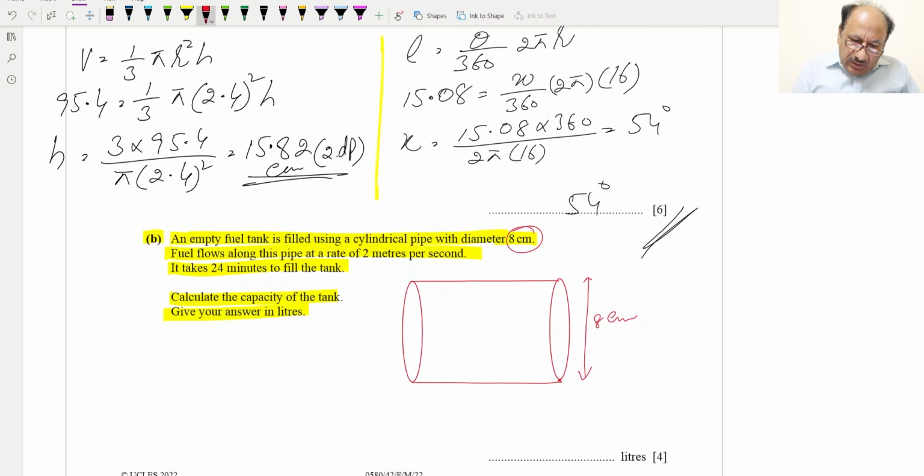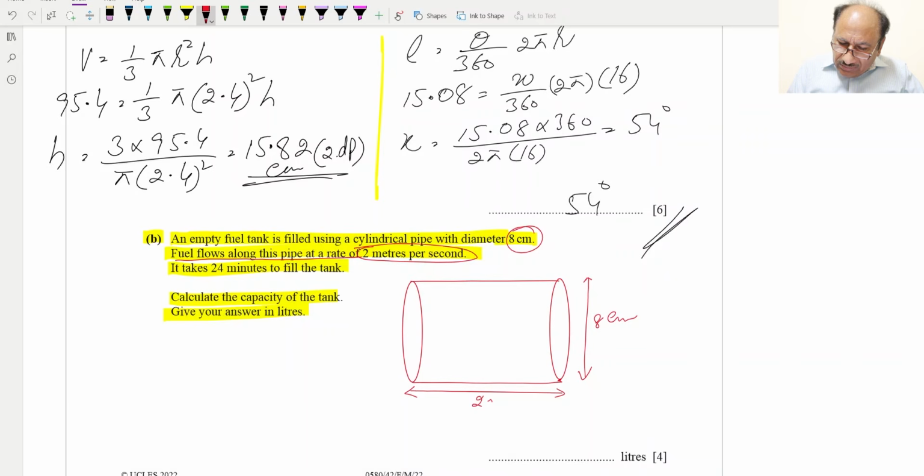This is given, and they are saying fuel flows along this pipe at a rate of 2 meters per second. So we suppose that this length is 2 meters.